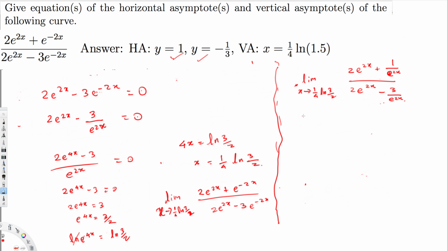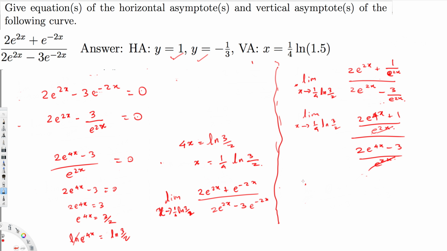Now if I take e^(2x) common, the limit as x approaches 1 over 4 ln 3 by 2 becomes (2e^(4x) plus 1) over e^(2x), divided by (2e^(4x) minus 3) over e^(2x). The e^(2x) terms cancel each other.